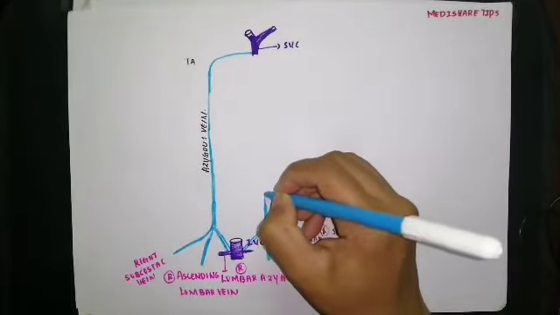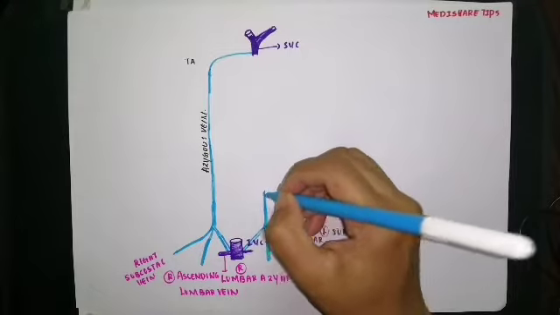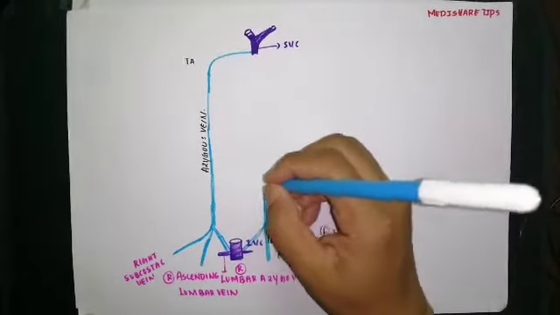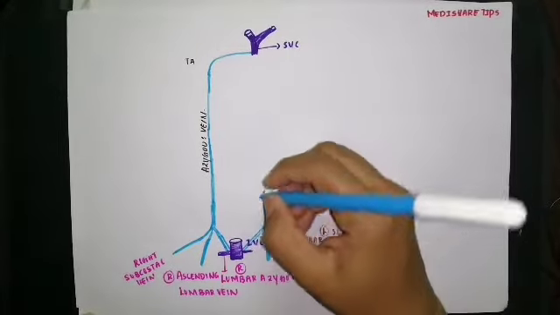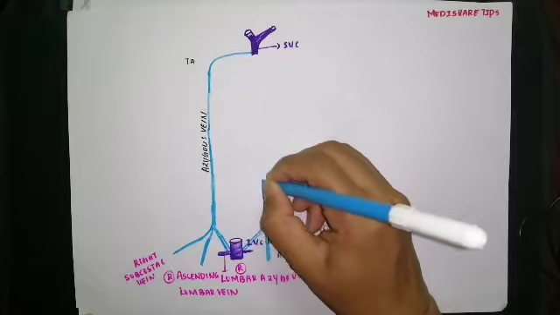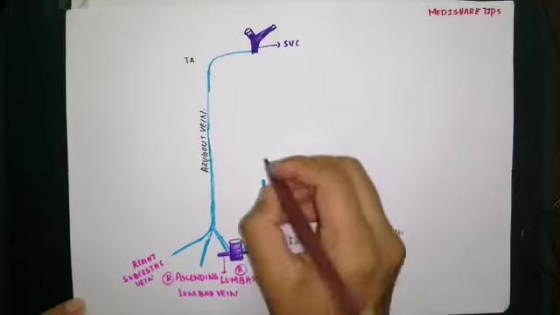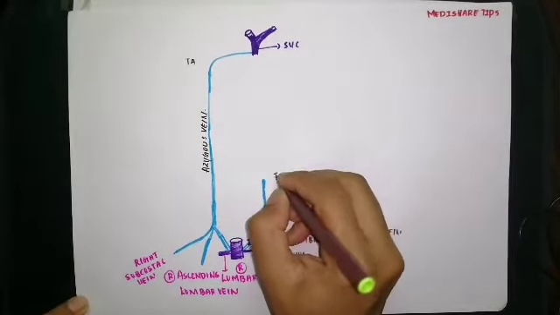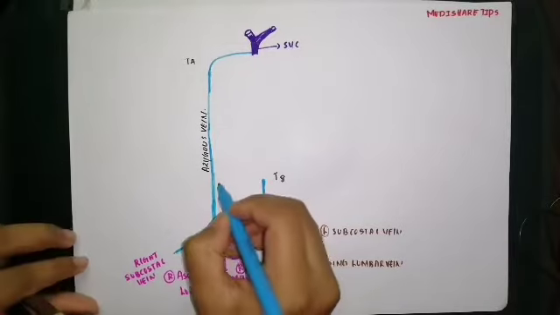Then this vein also ascends upwards and passes through the left crus of the diaphragm, and it ascends up to the level of T8 vertebra, then it turns right.